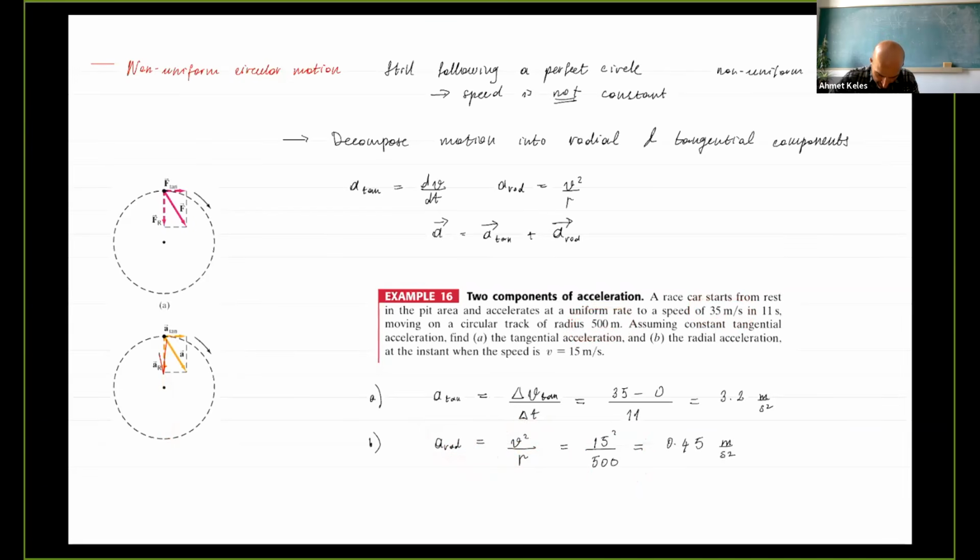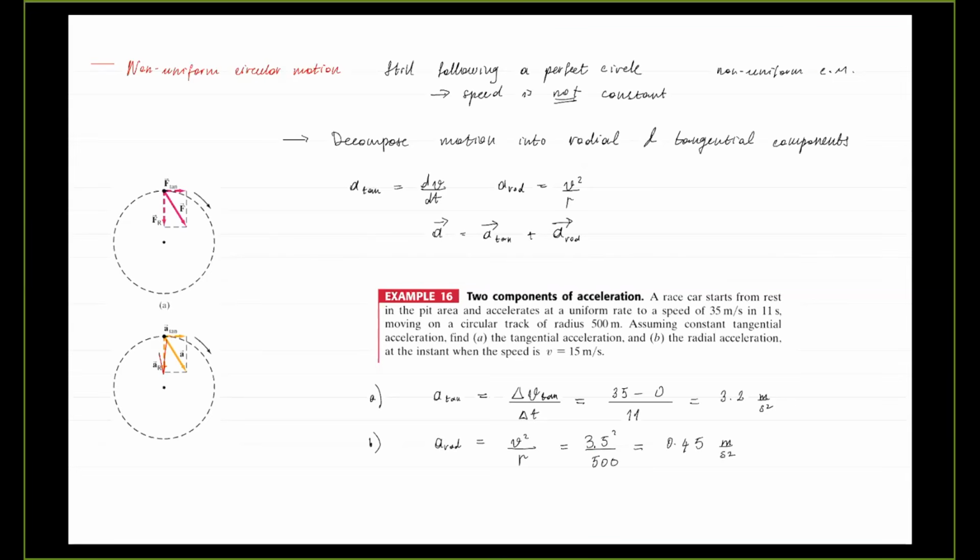Oh, I think I messed up. This V should be 35. Let me recalculate this. Here, it should be 15. Okay, I think 15 was correct.